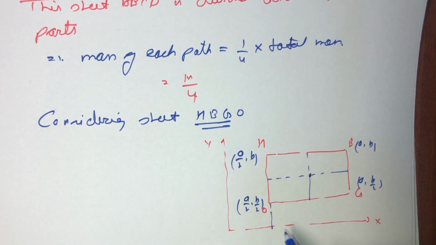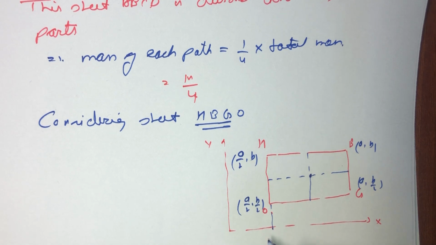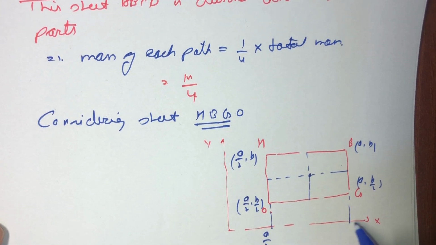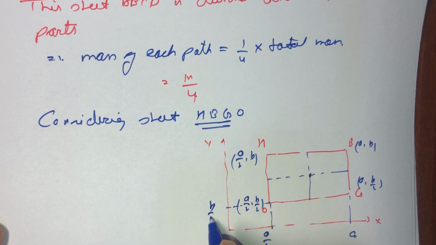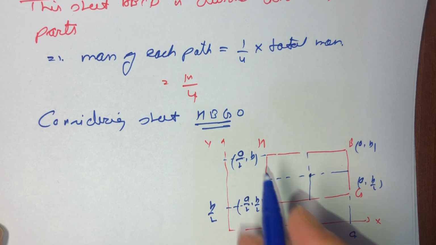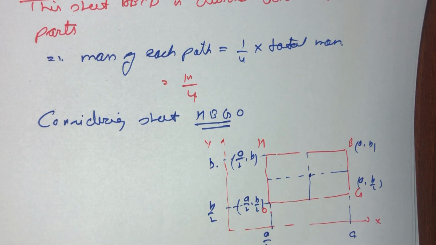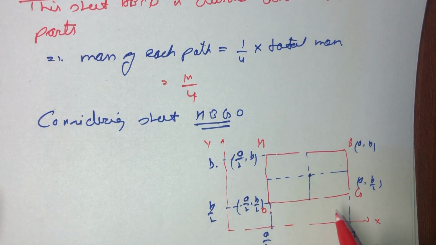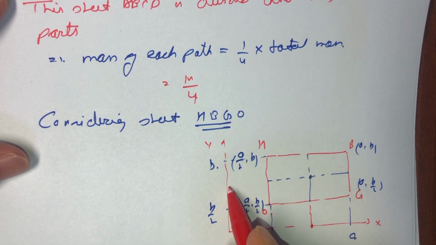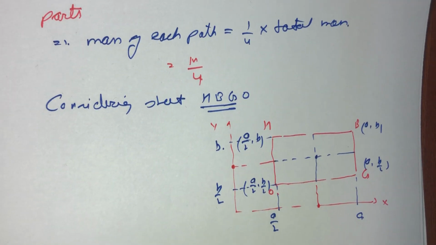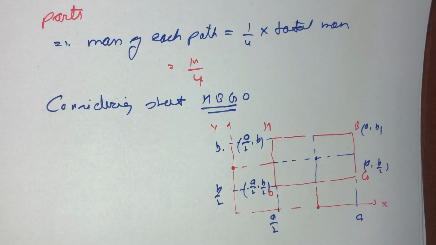So this is our A by 2, this portion is our A, this is our B by 2, and this is our B. Here we can use the midpoint formula in order to calculate the coordinates. We are interested in finding the coordinate of this point and of this one.